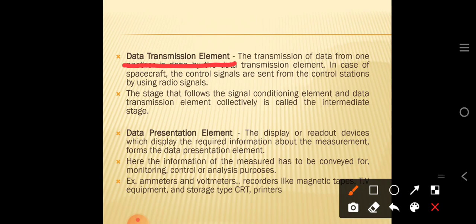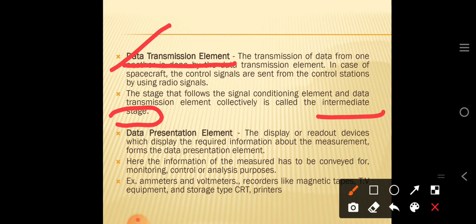The stage that follows the signal conditioning element and data transmission element is called the intermediate stage. So this is an intermediate stage in which conditioning is done as well as the transmission of that data. This is about the transmission element.